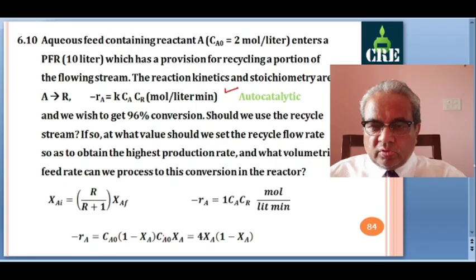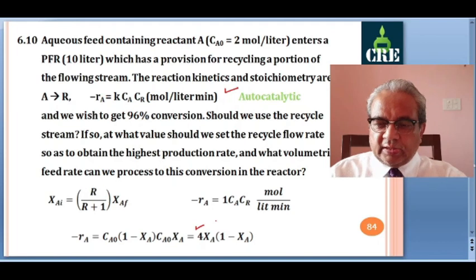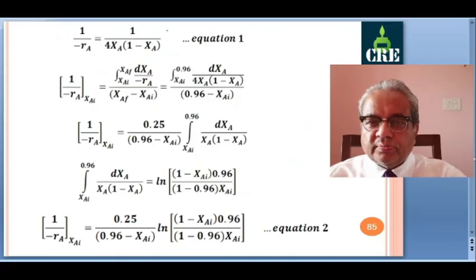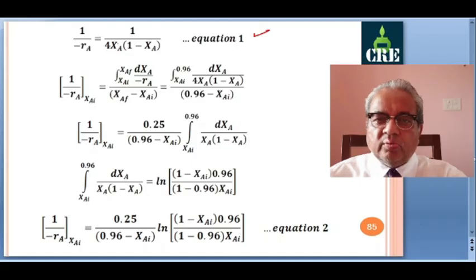CA0 value is 2, so 2 into 2 is 4. So this becomes 4 XA into 1 minus XA. So we get one equation of minus rA from the rate law as 4 XA into 1 minus XA. So 1 upon minus rA is 1 upon 4 XA into 1 minus XA.